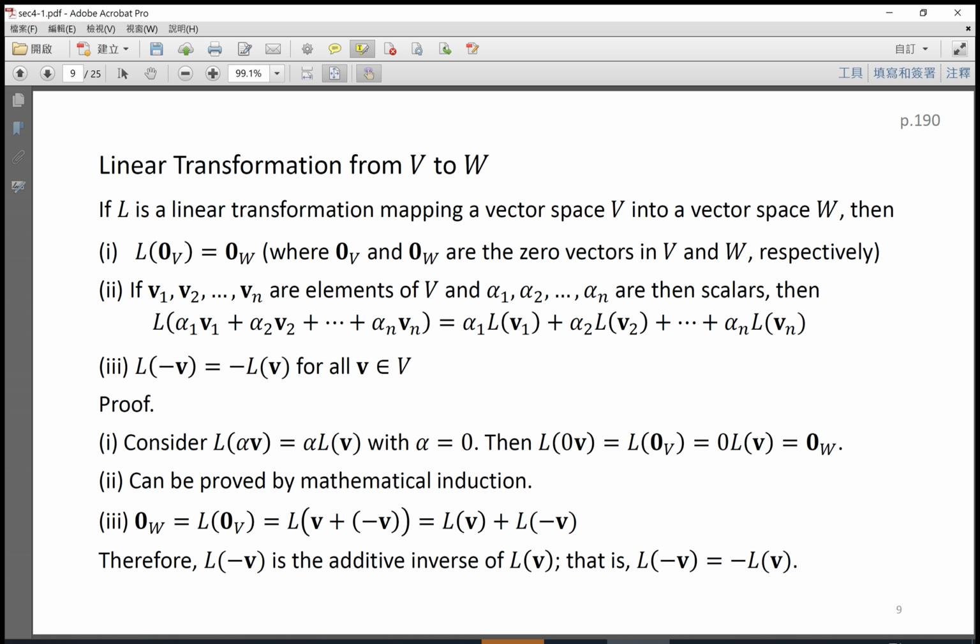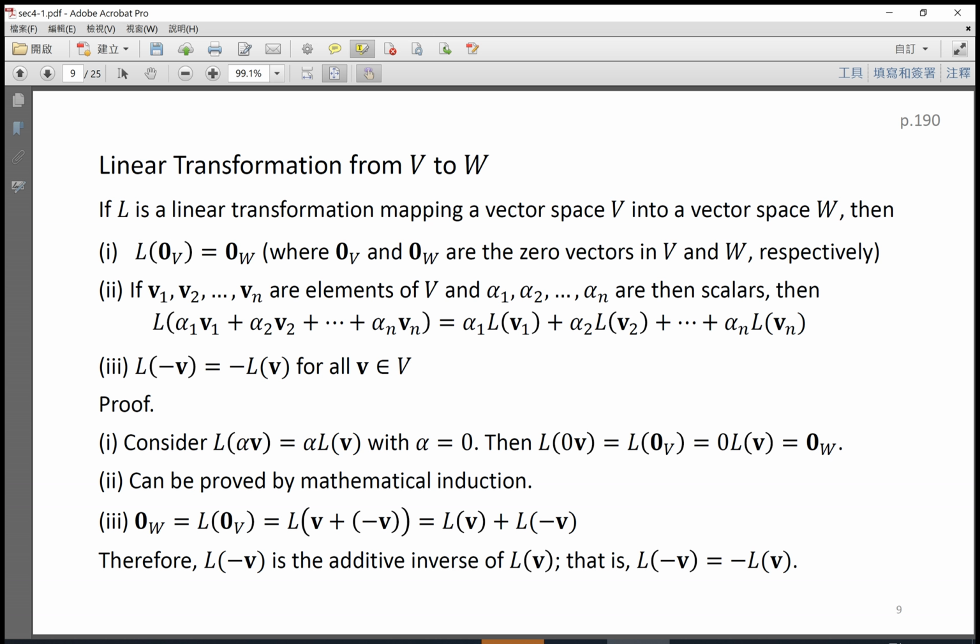To prove the first statement, we will use the homogeneity property, which states that L of alpha v equals alpha times L of v for all scalars alpha and all vectors v.